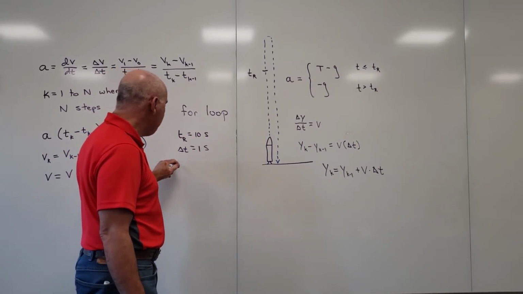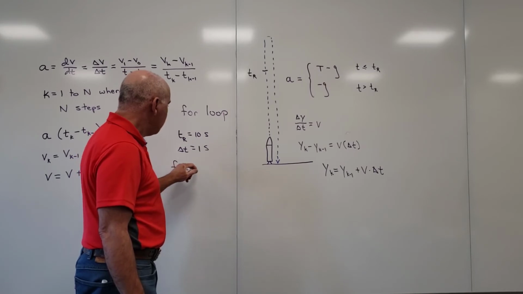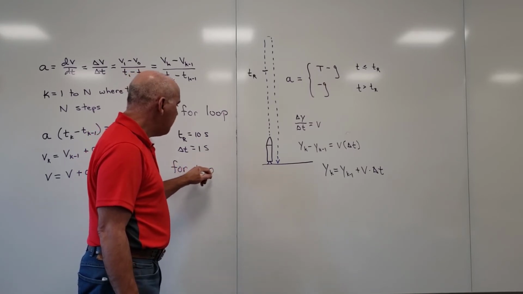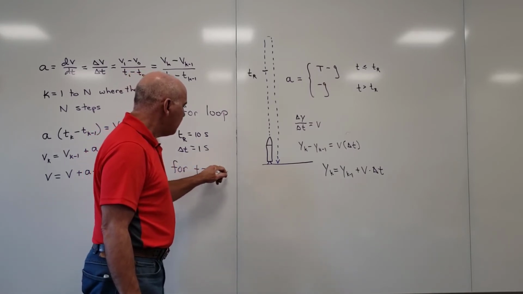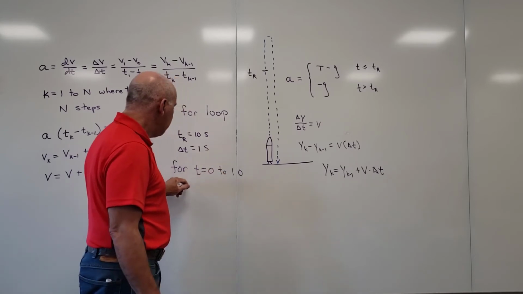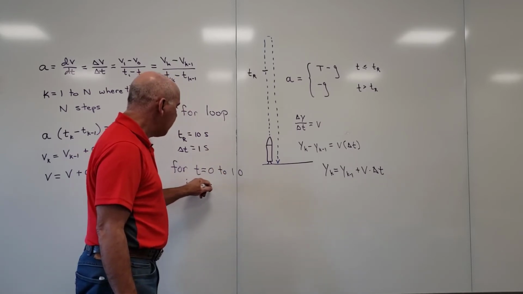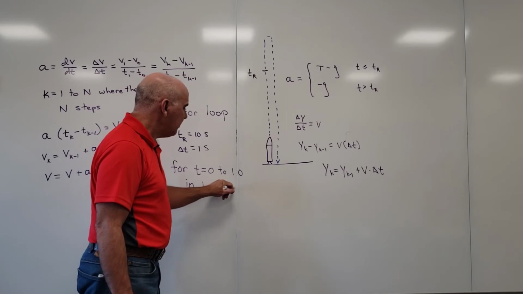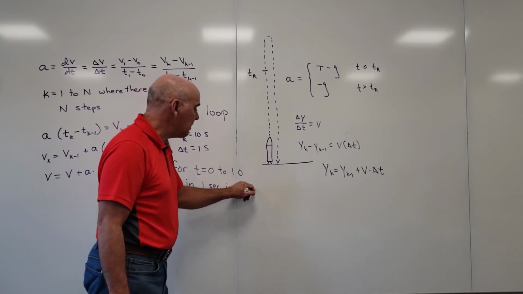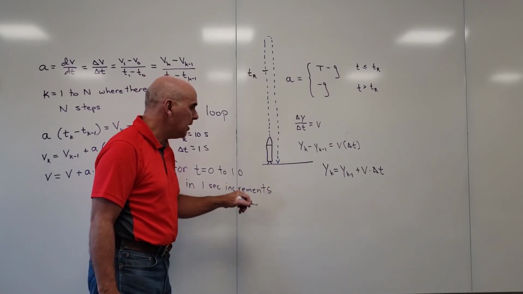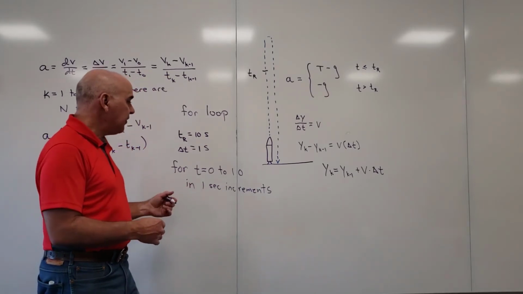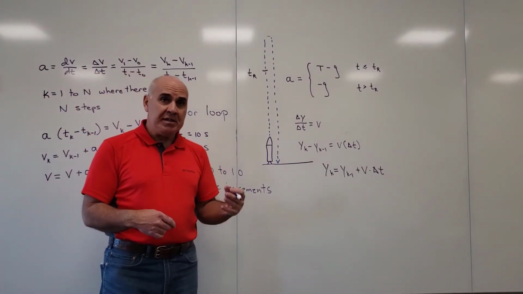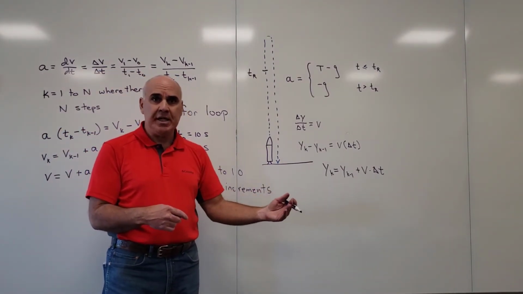And so I'm going to say for t equals 0 to 10 in 1 second increments. I'm not going to say it exactly like that. I'll show you the syntax in MATLAB when we get there. But that's going to be the idea. So the for loop, however many times I'm going to run the loop is designated already.